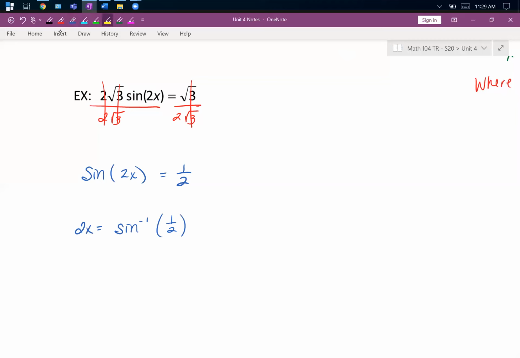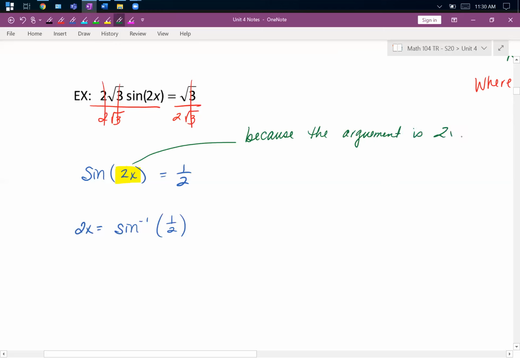But there's something extra we have to do here, because the argument is 2x. You see, the directions say that x, our answer, is going to be in between 0 and 2 pi.